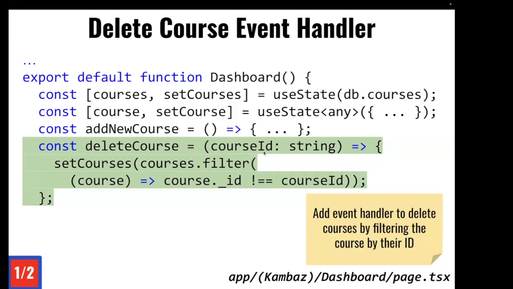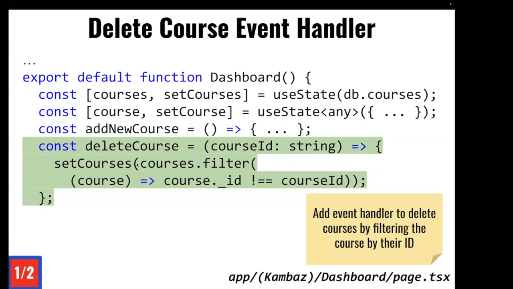So we pass here as an argument the ID of the course we're removing. If we find it, we want to skip over it, meaning I want all the courses whose ID is not the ID of the course that I want to remove.